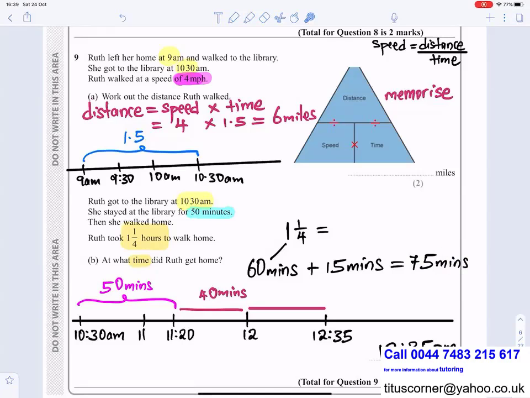Between 11:20 and 12 o'clock is 40 minutes. Between 12 and 12:35 is 35 minutes. When you add that together, that gives you the 75 minutes. So that's 12:35 p.m. At what time did Ruth get home? 12:35 p.m.